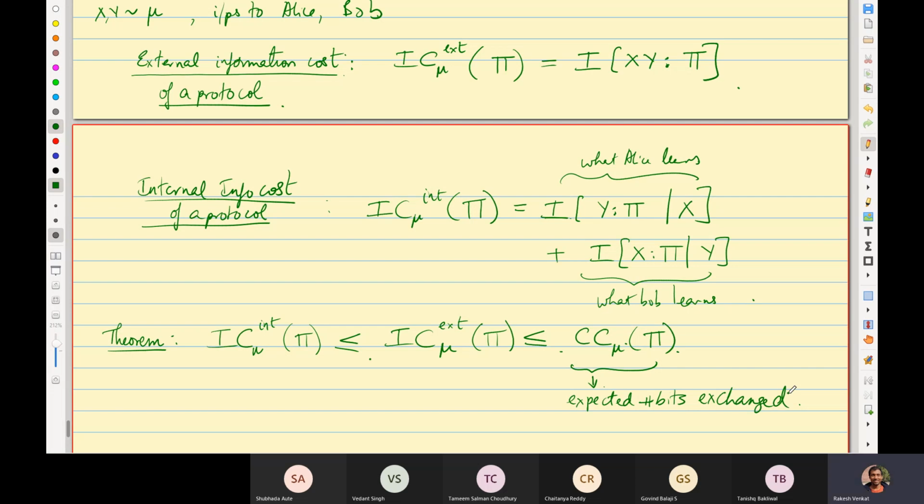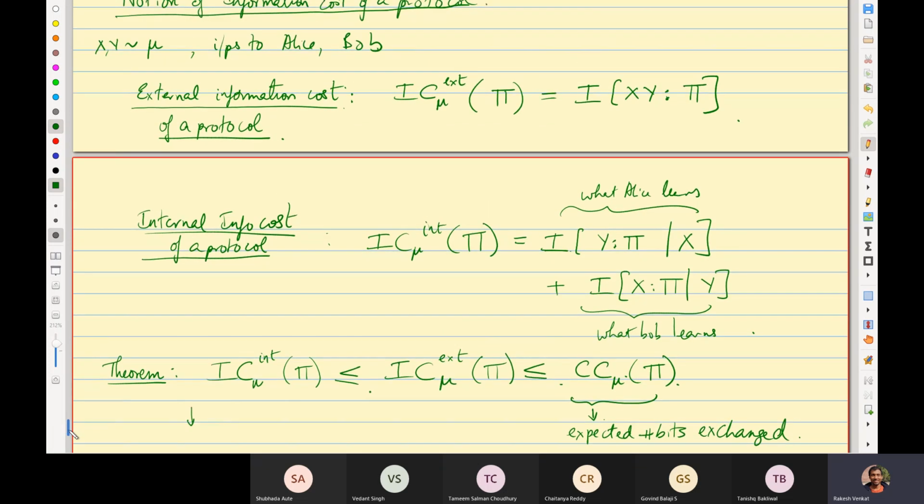It's not the worst case. The proof of this is not very difficult, but whenever you're dealing with information, there's often a notion of rounds because you want to look at how much every round reveals. So you can break this down round by round of the protocol and prove it. Okay, so I'll not prove it today.